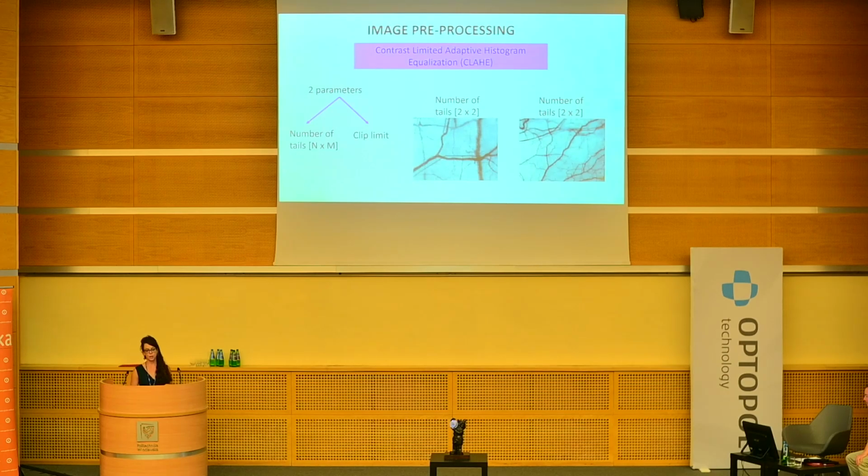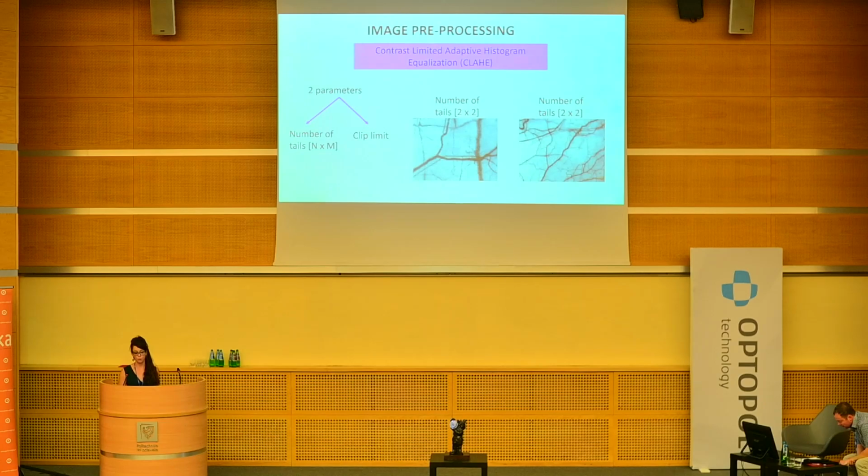The thing with contrast limited adaptive histogram equalization is that it depends on the correct selection of two parameters: the number of tiles in which we divide our image, and the clip limit, or the limit that we put on the histogram to be amplified. If these parameters are not correctly chosen for each image, the result is not going to be good enough.